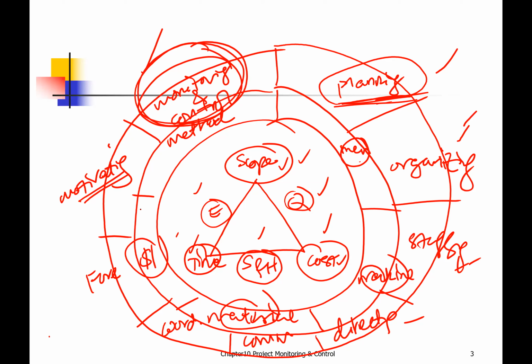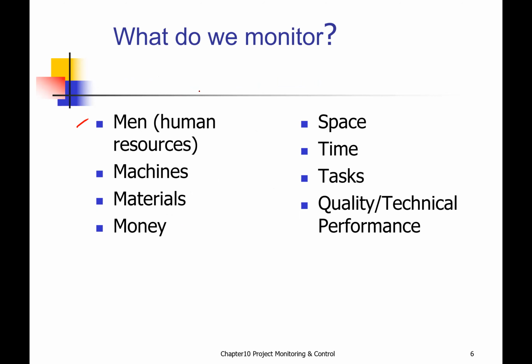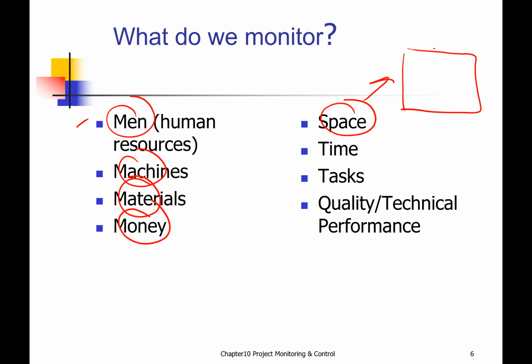Okay, the work method. If we choose the work method wrongly, it could affect our cost, quality, etc. So what do we monitor? We can monitor man, machine, material, money, space. What is this space all about? Space is basically related to your work area. How much space do you have?